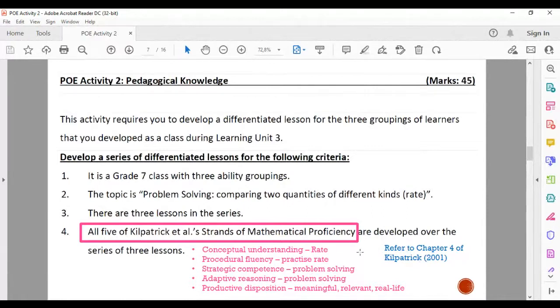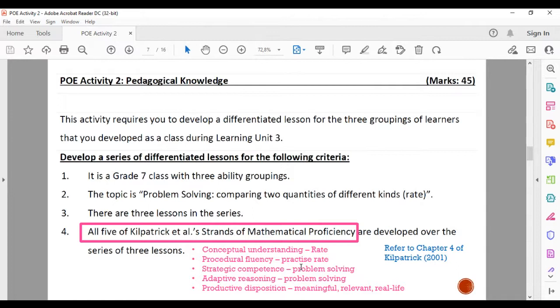So in your lesson, you will introduce this new concept, which is rate. And for that, you would use the strand conceptual understanding. So you would introduce the concept and make sure that your learners understand this concept. Then you will also practice this problem solving with rate, and we call this procedural fluency.